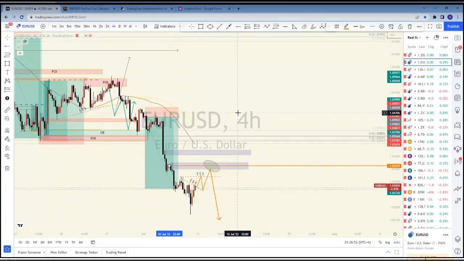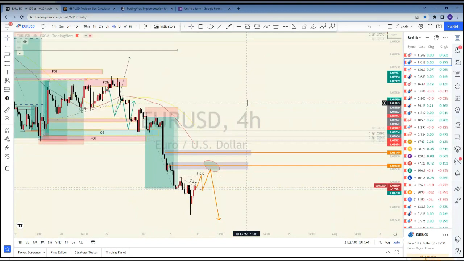It could be somewhere around here. Feel free to do a lower time frame confirmation at this point. We have 1.03149, and we also have 1.07630. Those are the areas I'll be looking out for entry.